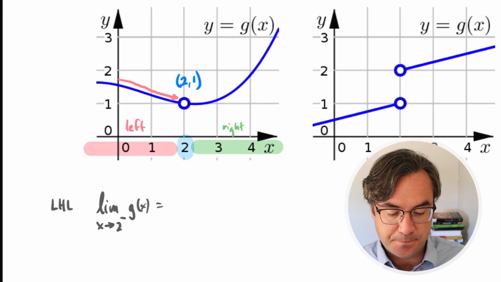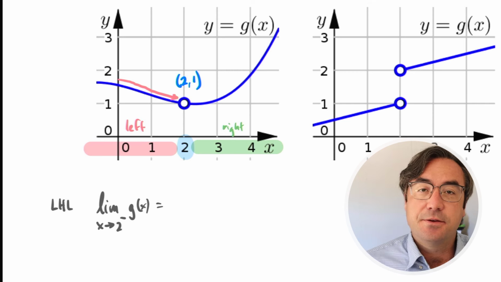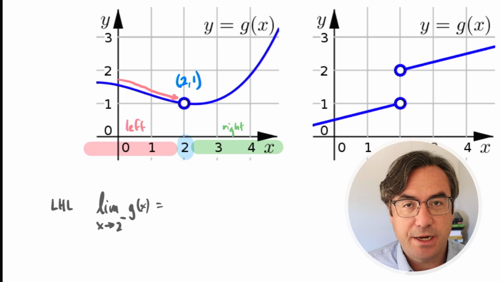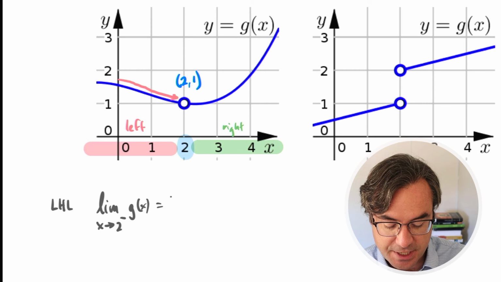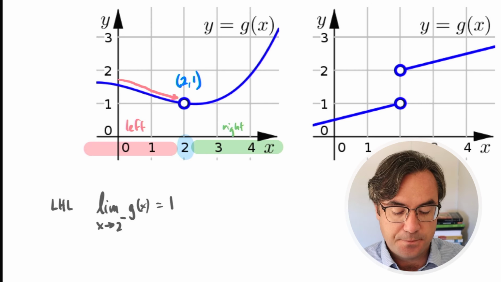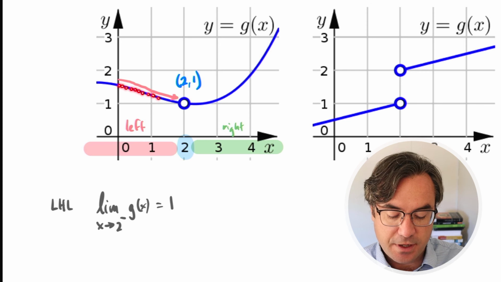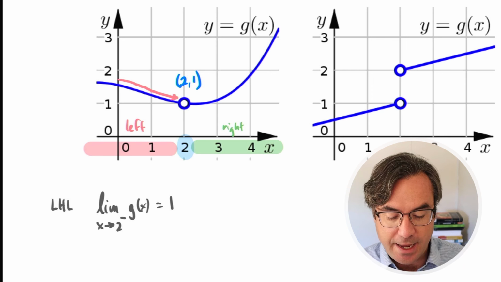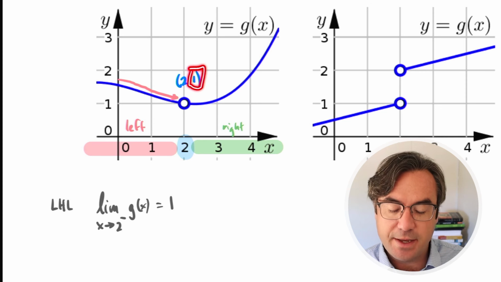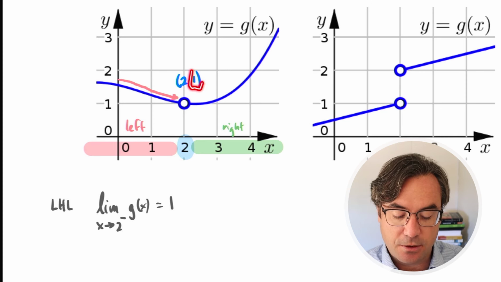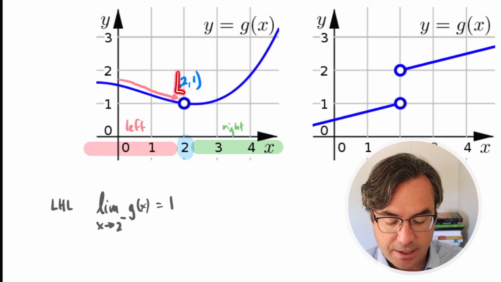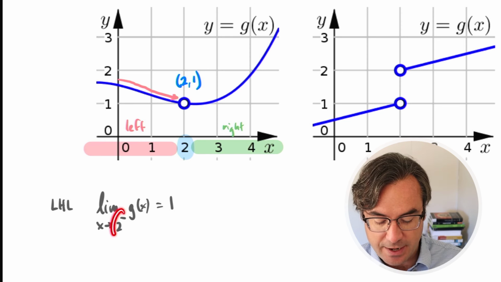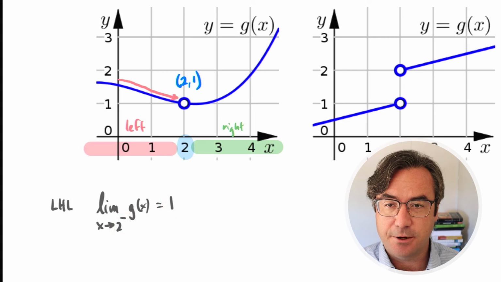We're going to say that the limit here is equal to the y-coordinate of that point that we're getting closer and closer to. In this case, it's going to be 1. As we walk along this curve, it looks like we're getting closer and closer to that point. That looks like where we're headed. The output of our function looks like it's getting closer to the number 1, and the x value, the input, is getting closer to the number 2. So we've got our x-coordinate here, and our y-coordinate here.